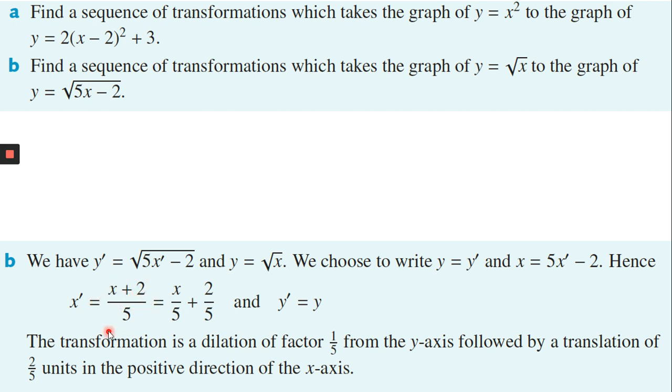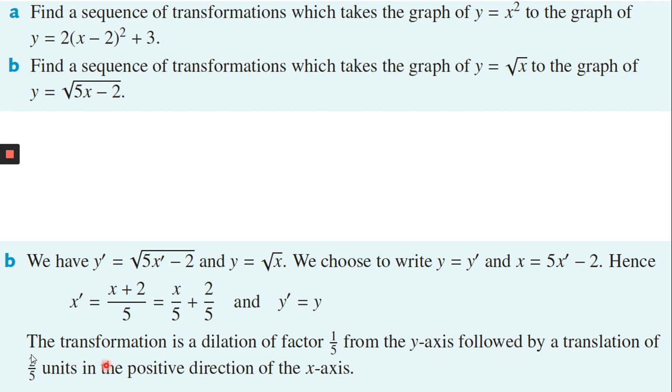So obviously that one's nice and easy because that one just stays the same. This one here, we're going to have to add 2 and divide by 5. So we're okay to leave it this way, but if we split them up into the two separate ones, when we actually write out what the transformation is, you'll see that it's easier. So it's a dilation factor of 1/5 from the y-axis. Remember, it's the x thing that has changed. The x is different, so it means that it's in the y-axis where the transformation has happened.